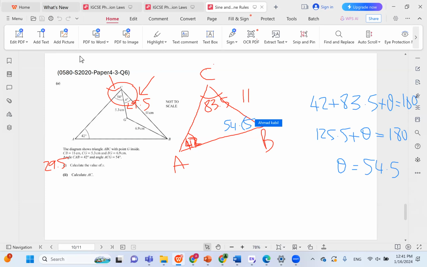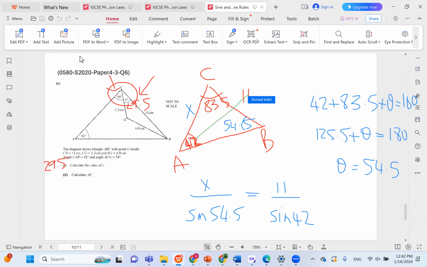So this is the value of theta here, 54.5. And we are required to find the side AC, x here. So x over sine 54.5 is going to give us the same value as 11 over sine 42. How did I figure this out? All I did was figure out that these are opposites and these are opposites. So any side over the sine of the opposite angle has to give you the same value.